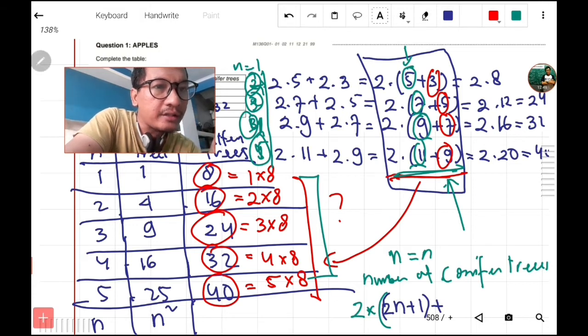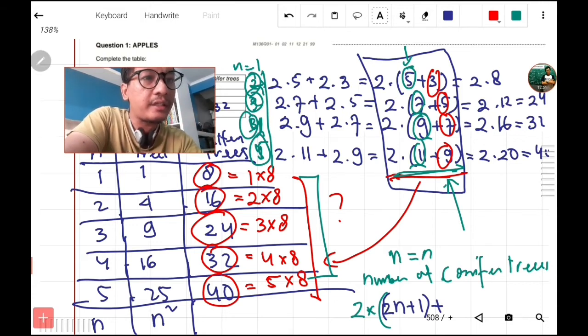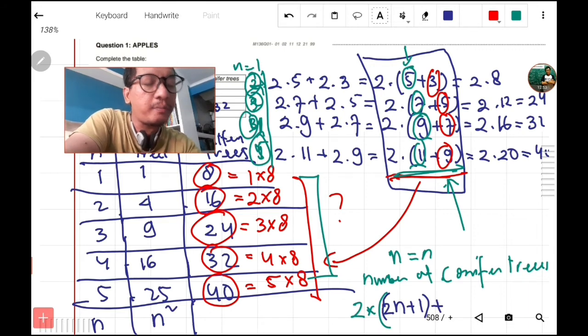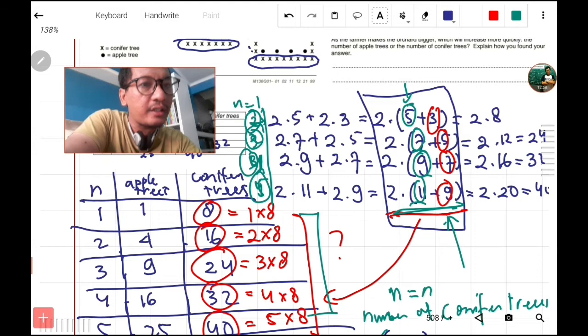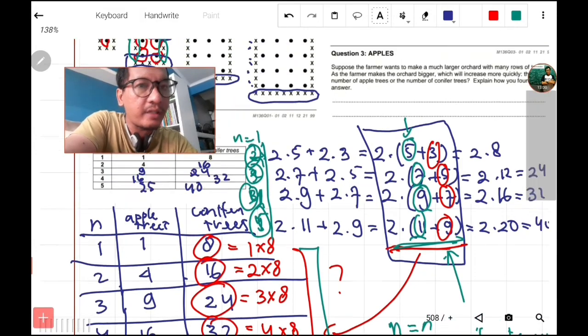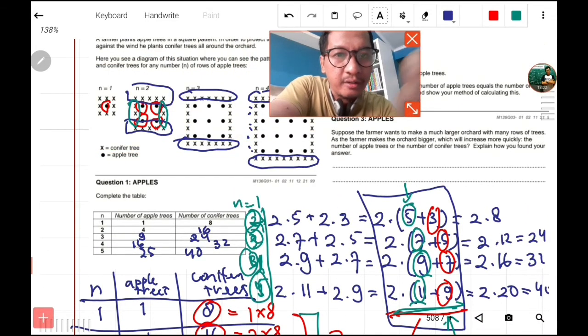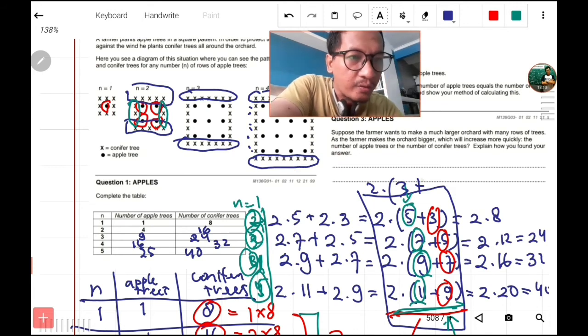Let's see. When n is equal 1, we can make the pattern 2 times 3 plus 1.